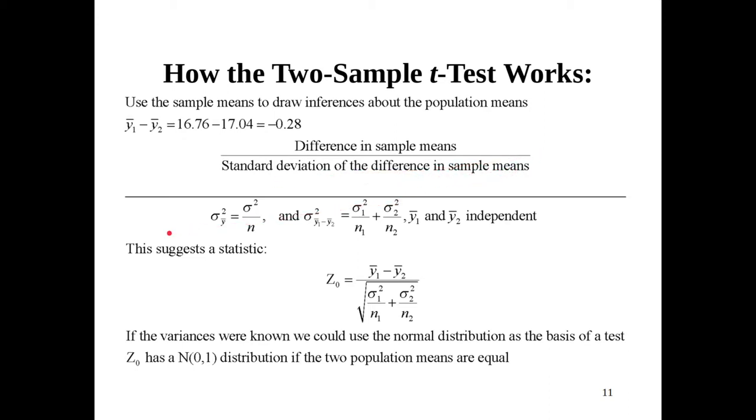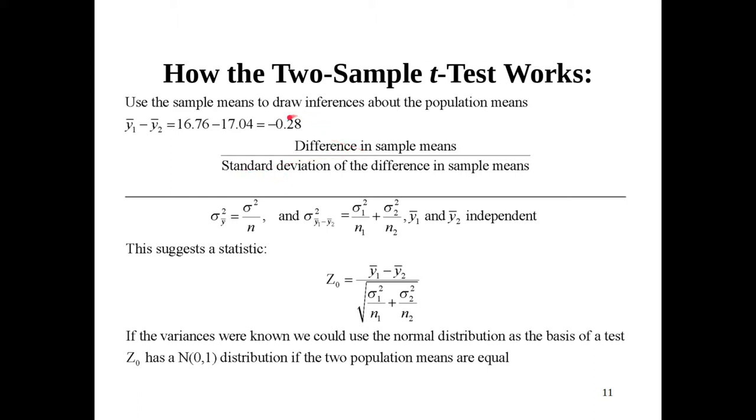As we know, the variance of y bar is equal to the variance divided by n, which is the sample size. So the variance of the sample average is calculated by the variance of the data divided by the sample size. And the standard deviation is the square root of variance, right?